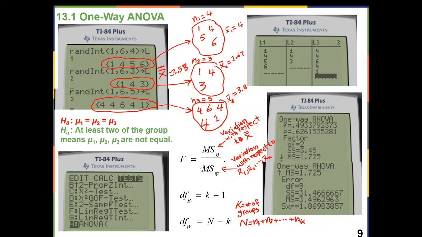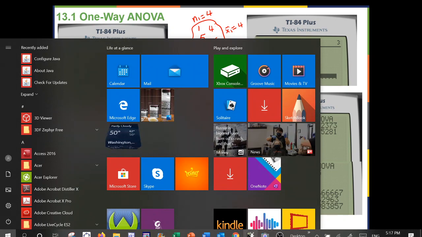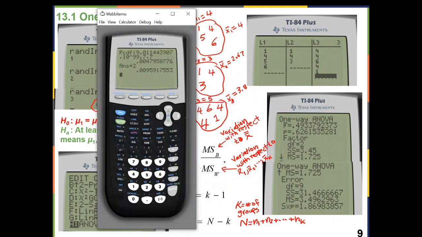And I can quickly show you. The way I did it was by going to math, probability, and then I pick random integer, and then 1, 6, let's say 4.